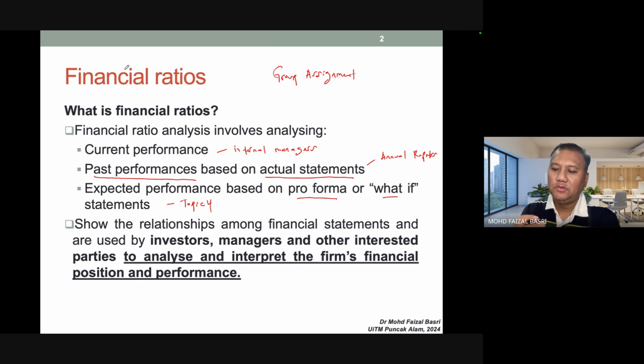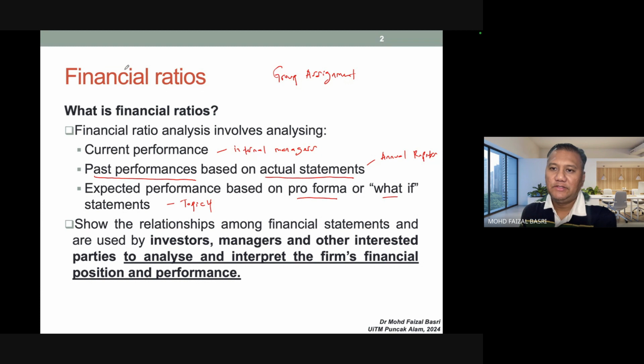Whereby you need to prepare a written report and you need to do a video presentation. Okay, so both will revolve around these financial ratios. So you need to clearly understand this topic very well in order for you to prepare the group assignment.